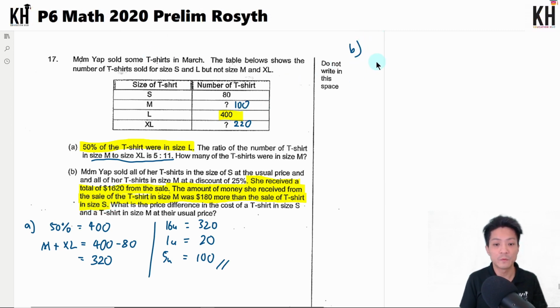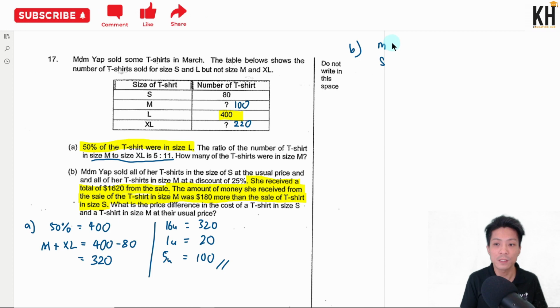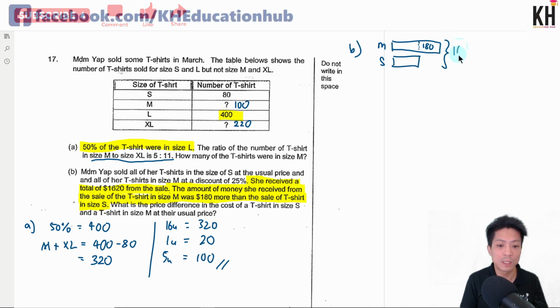Once you focus on this, it means that the amount of money she received from M is $180 more than from S. If you're confused, you can draw a simple model like this, and the total is $1620.